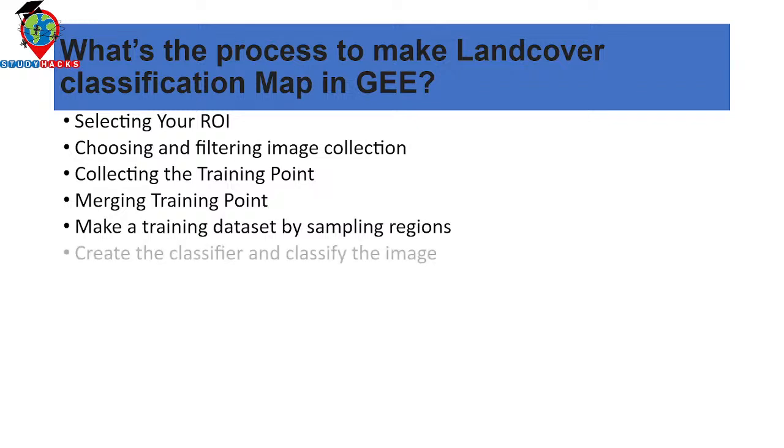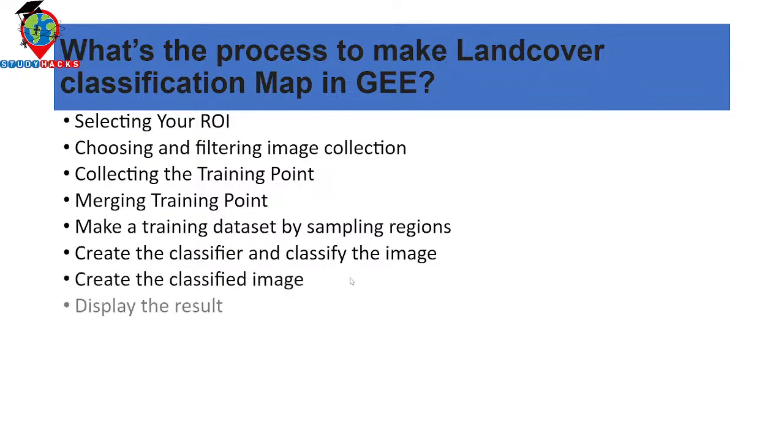Then 70% data I use and make a classifier. So after getting this data, suppose 70% data I use in my classifier, make this model, and further classify this image, then create this classified image and display this result. At this time, the rest of the 20% data I use to check the validation.